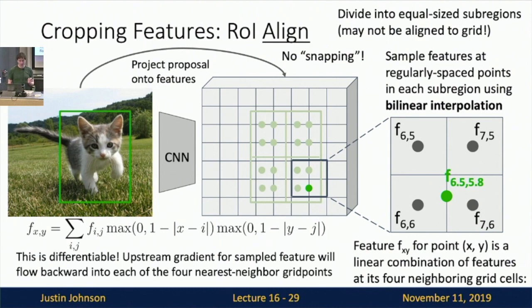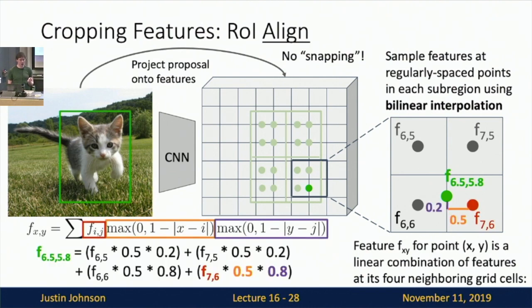So what we can see is that this is a differentiable operation. During backpropagation, we get an upstream gradient for this sampled real valued point in the grid, and we can backpropagate that upstream gradient both to the actual feature vectors in the grid, as well as to the actual position of the bounding box.